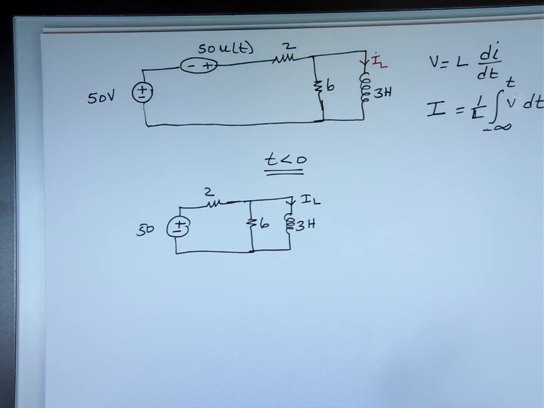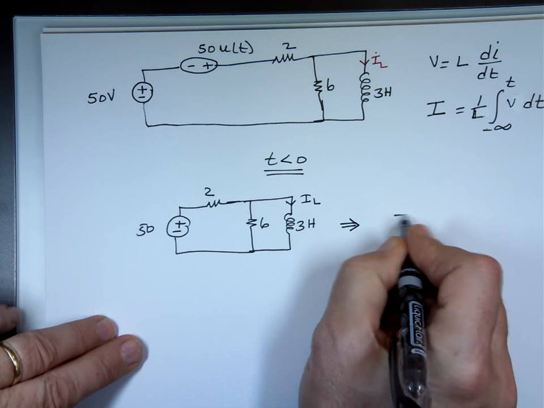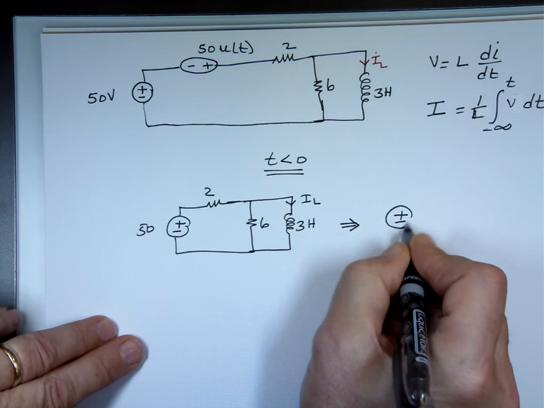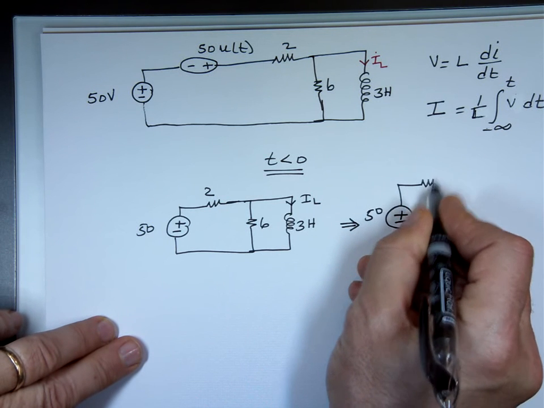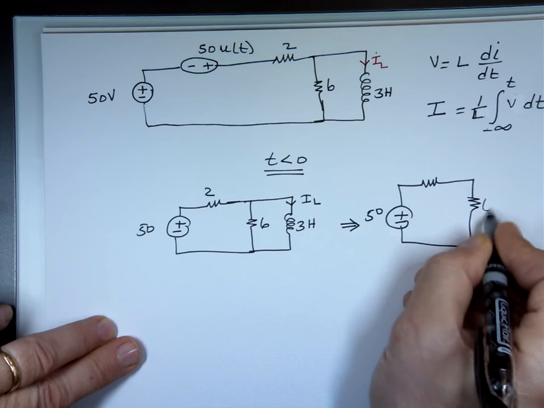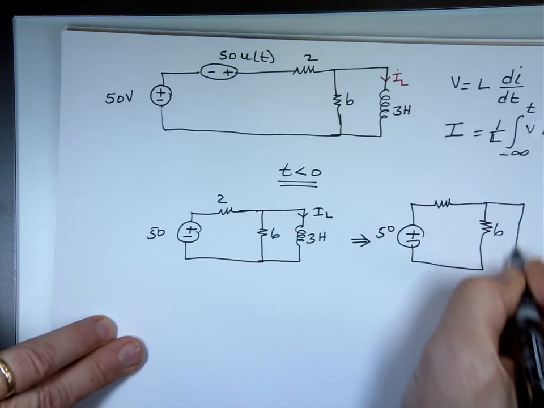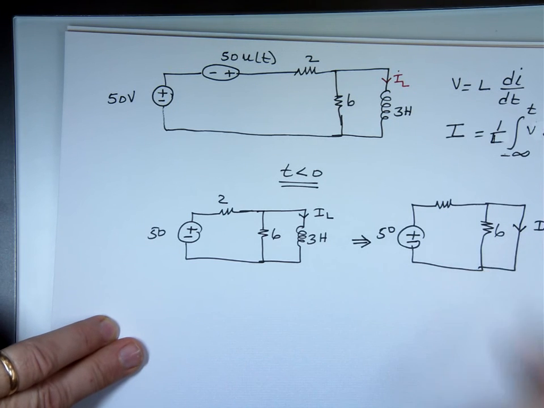Inductor behaves as what to DC? Short circuit. So if you put a short circuit there, what is the current through that?